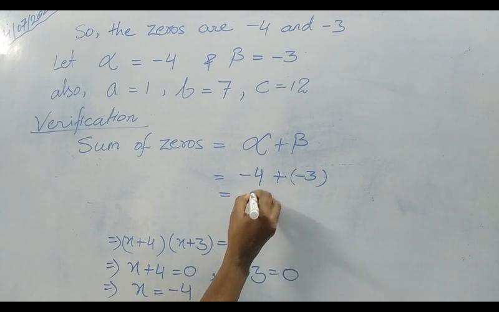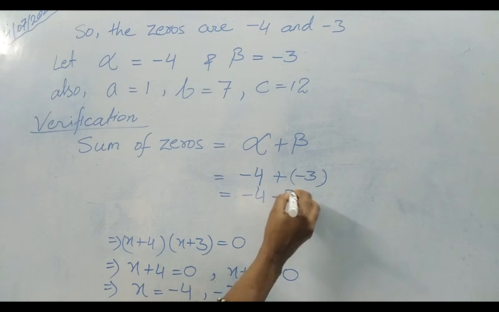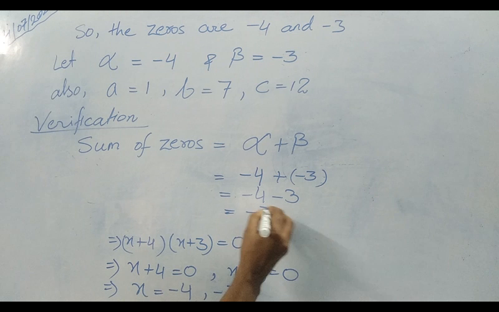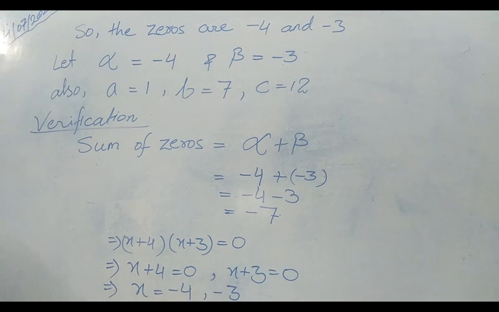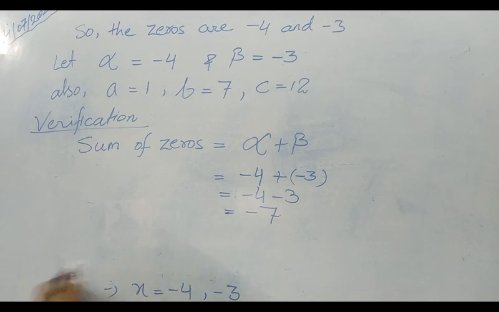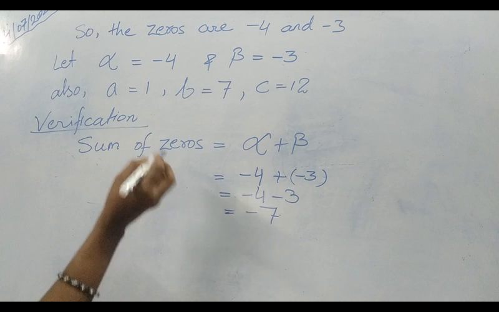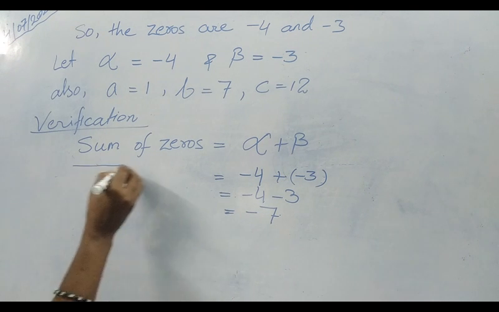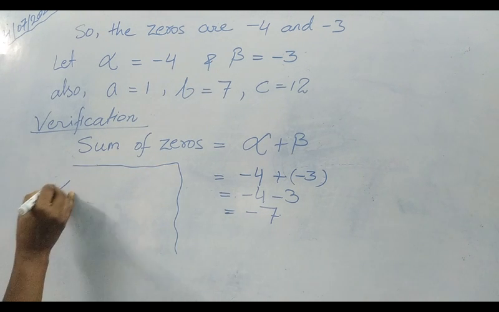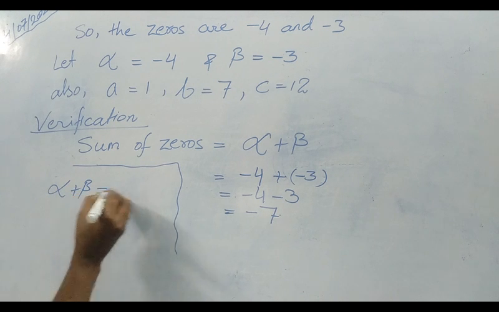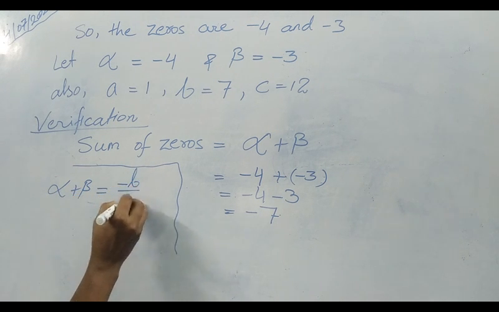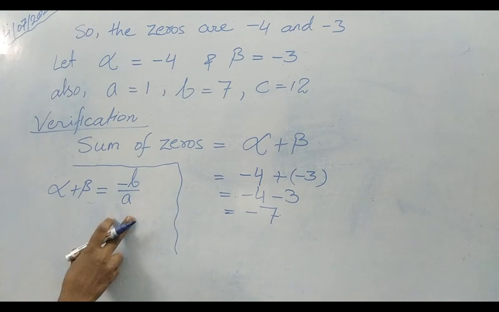When we add them, we have minus 7. So the sum of zeros we found is minus 7. Remember, in the previous section we have already read that the sum of zeros, alpha plus beta, is equal to minus b by a. In the previous video we have learned about it.